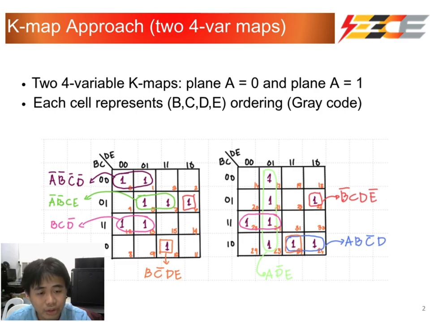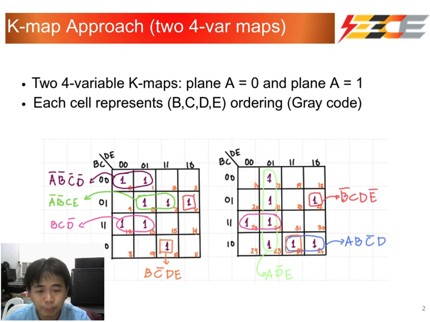I will explain each colored group and how it yields a product term. Starting with the A is equal to 0 plane on the left side, the purple pair at the top left covers the minterms 0 and 1 and yields not A, not B, not C, and not D, because A, B, C, and D are fixed while E varies.